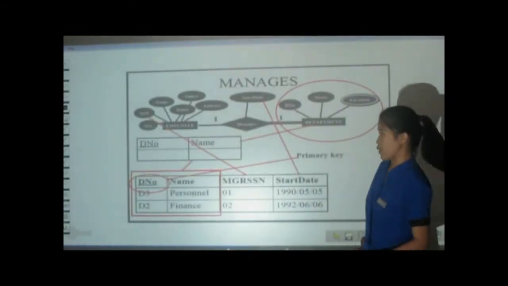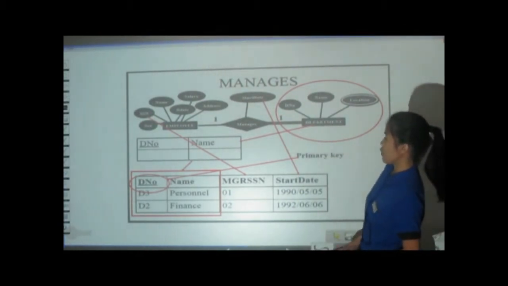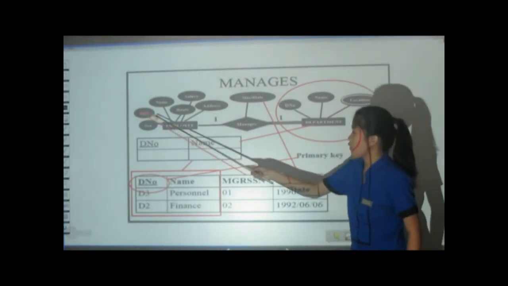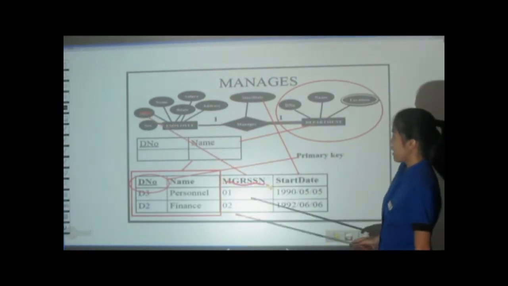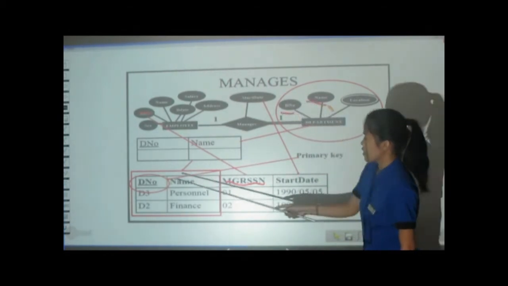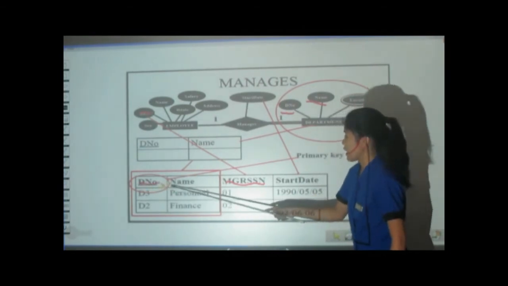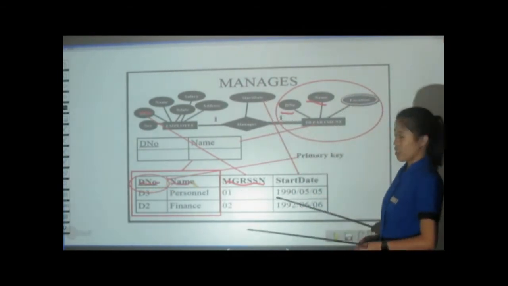On the table, we include the simple attributes of the department and the primary key of an employee as MGR SSN, and the simple attributes of the department such as DNo, DName, and include the simple attribute of the relation, start date.